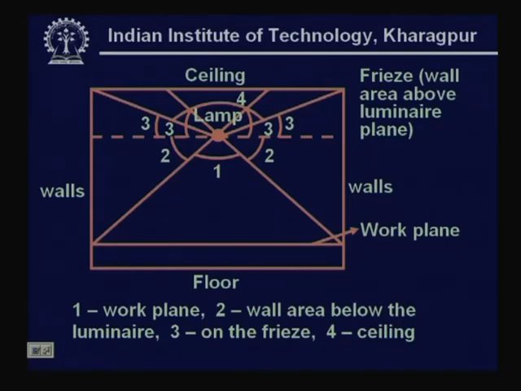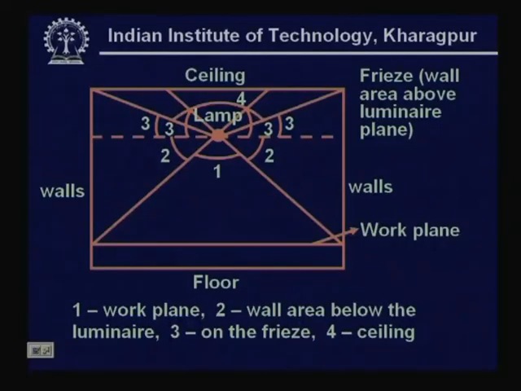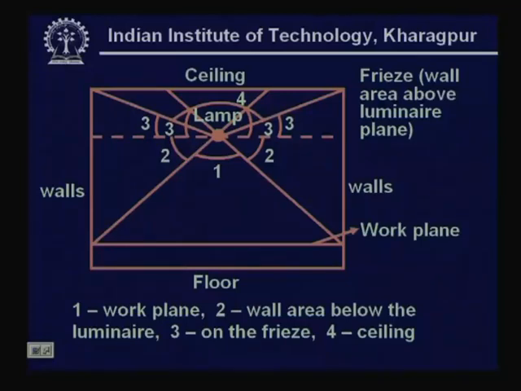An incandescent lamp can be thought of as a point source which is spherical in nature. Then we have the light radiated in all directions, and depending on the nature of the walls and the ceiling, there can be various reflection factors involved, and thereby the amount of light radiated differs from the amount of light available on the work plane.